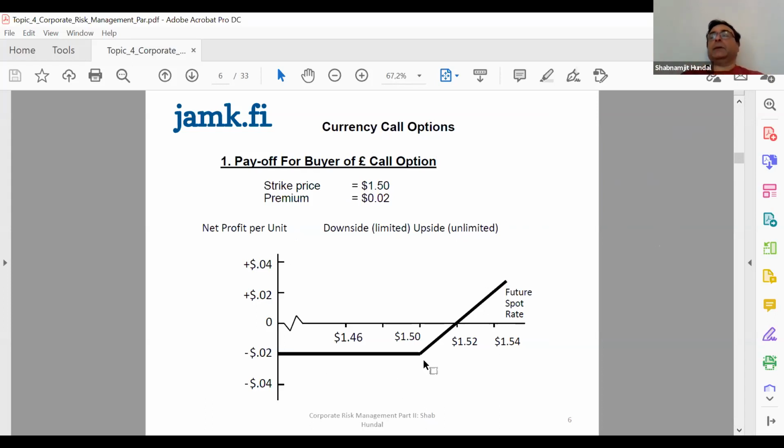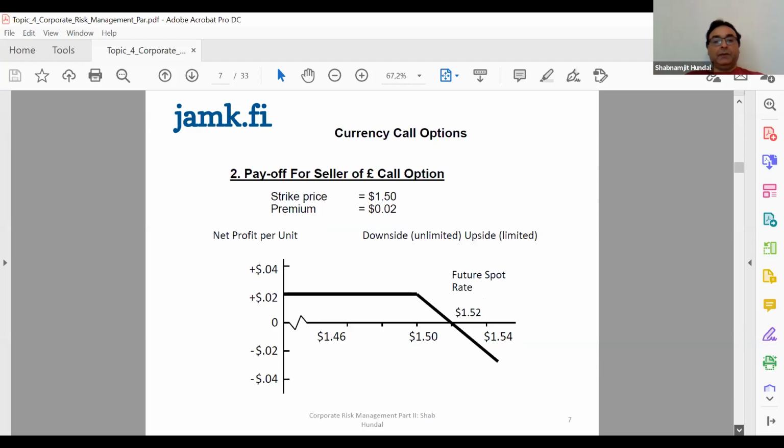For example, if I'm an American company and I imported something from Britain and I will make them payment in pounds, then I'm the buyer. Okay? This is for me. For me, my gain is unlimited, potential gain, not the actual, but the potential gain. And my loss would never be more than premium. It's good for me. But what about the seller of the call option, the bank?